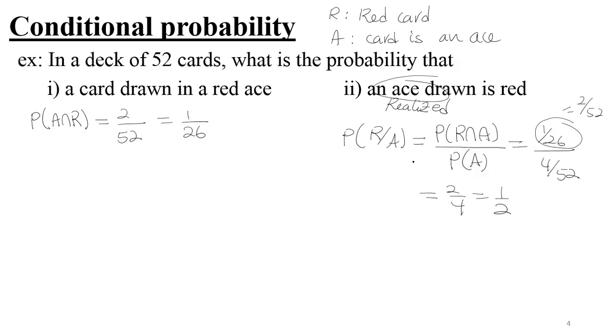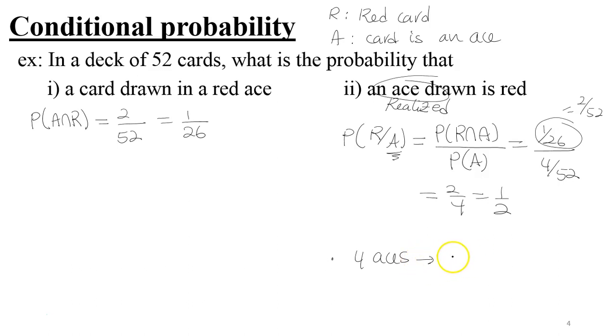We could have obtained this probability by looking at the problem from the perspective of the reduced sample space. Since I know that A is realized, I have 4 aces in my deck of 52 cards. So these 4 aces become my total population, or my reduced sample space.